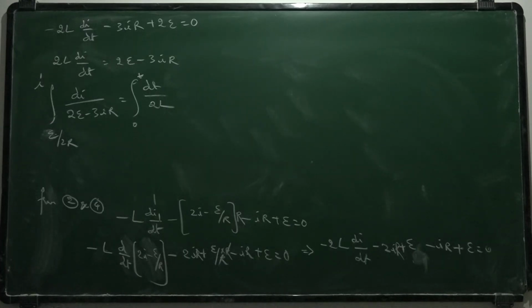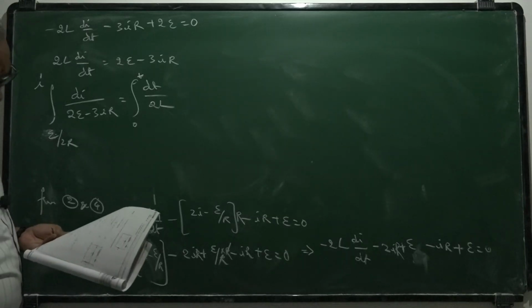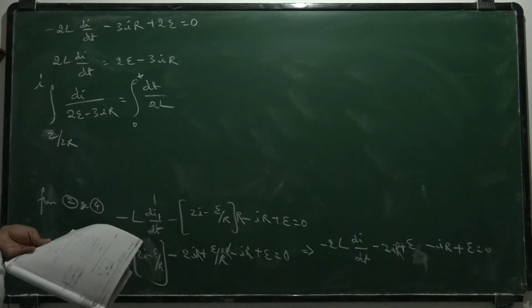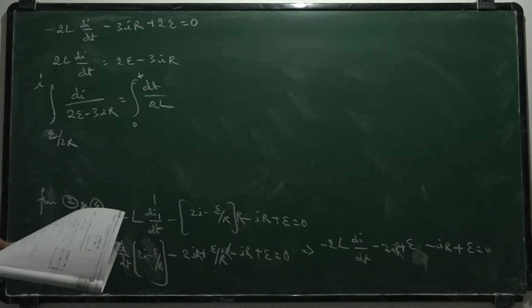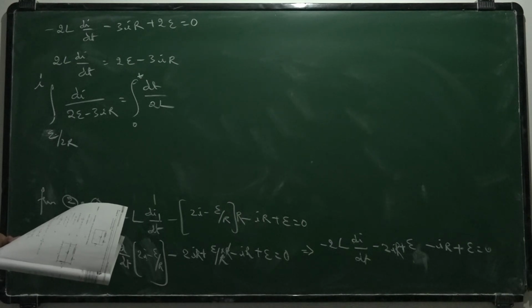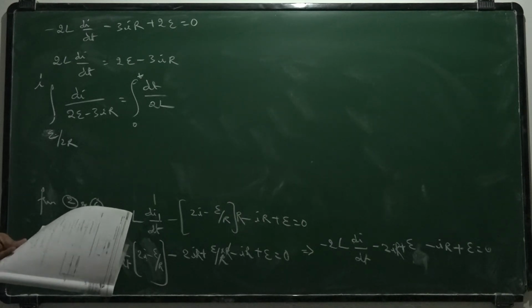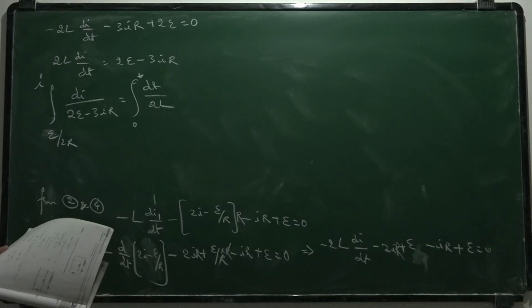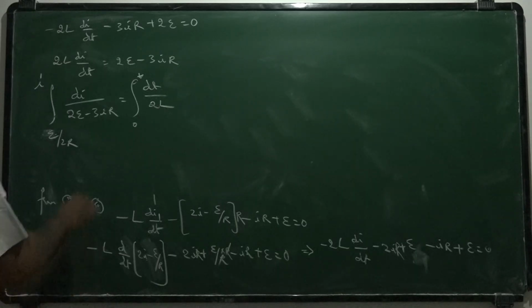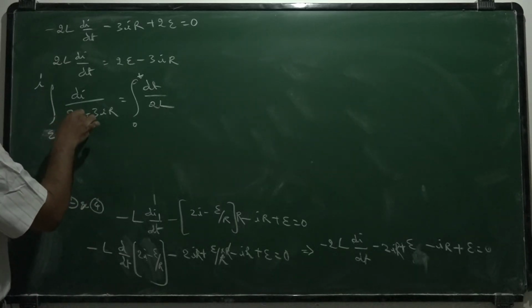In order to have the integral here, if you take the derivative of the denominator, it should match the numerator. So if you take the differentiation of the denominator, the derivative of 2E is 0.